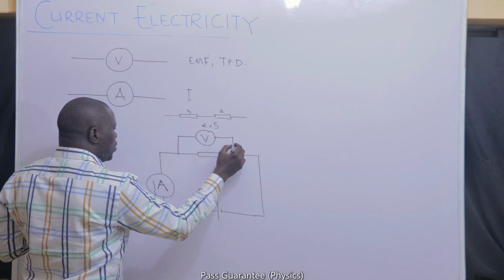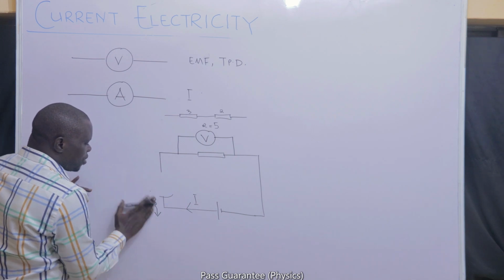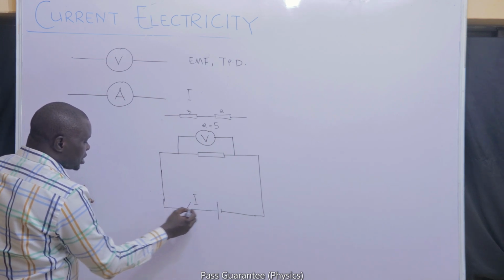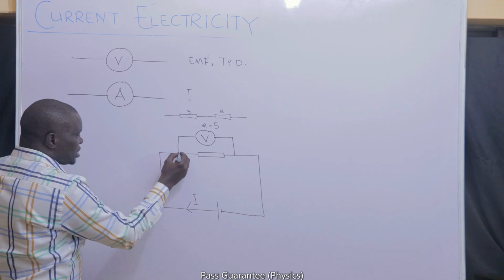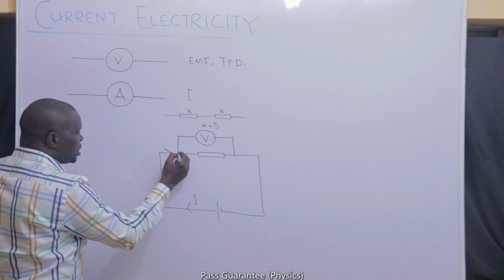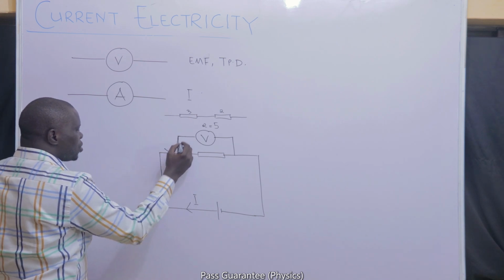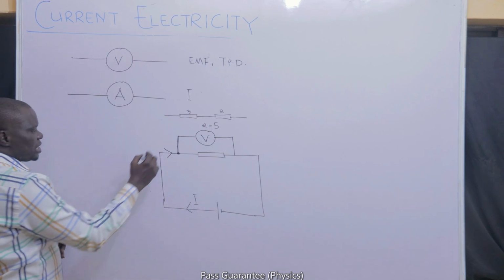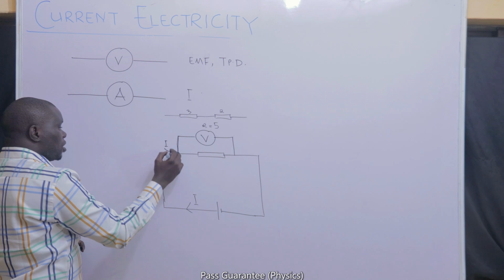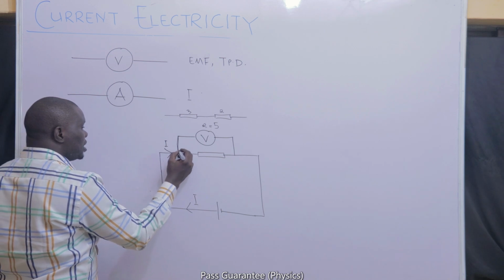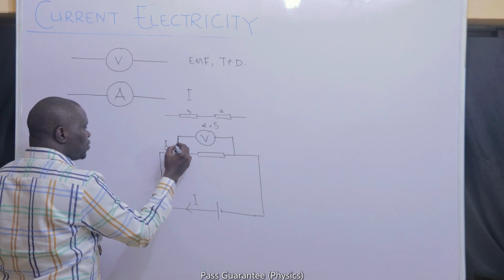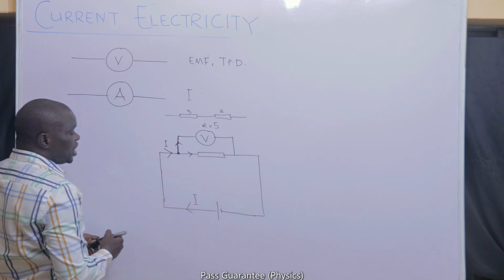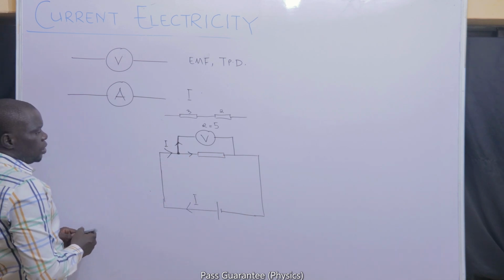The problem of components that are connected in parallel is that when current comes and gets to a point, those voltmeters seem to create an alternative path for current. If current gets to this point, it will want to divide itself into two, such that a part of it will pass through the voltmeter and a part of it will pass through the resistor.